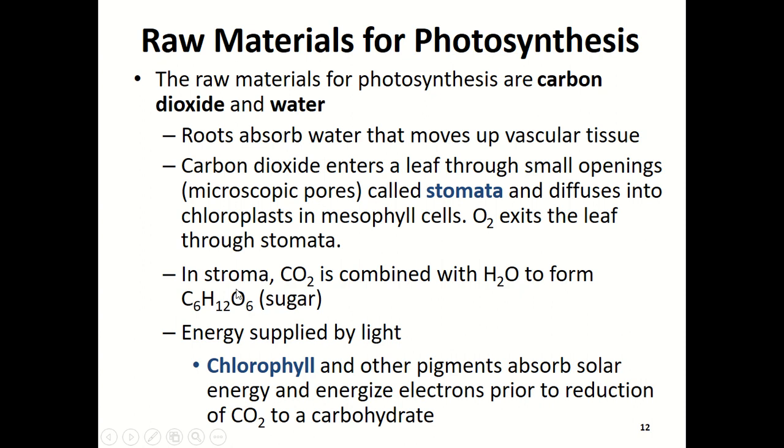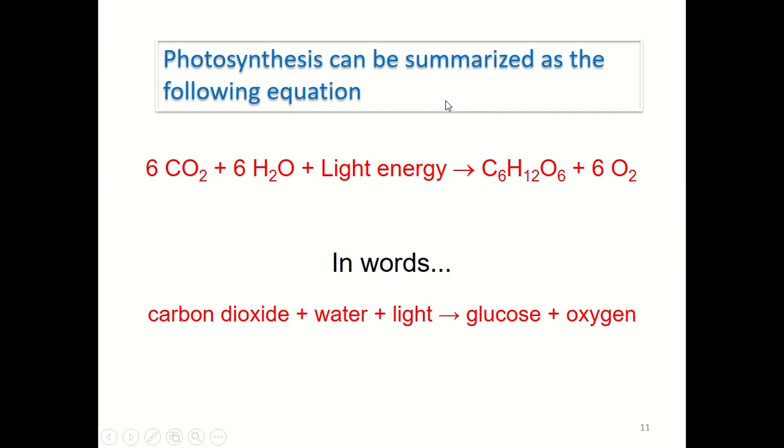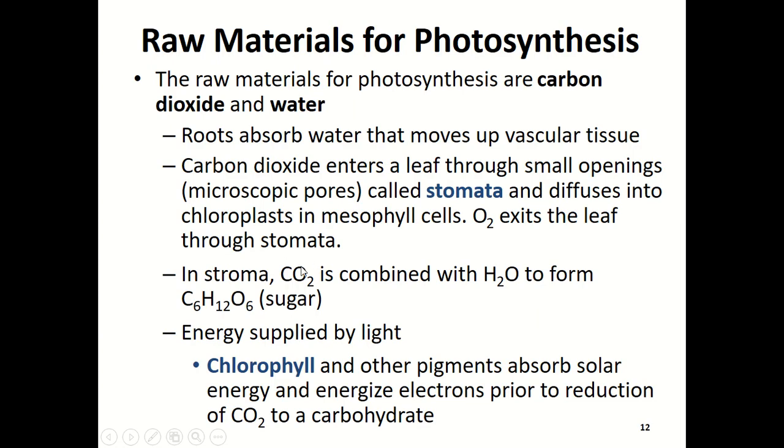This is the exchange of gases. In the stroma, remember, the stroma is the space inside the chloroplast, the carbon dioxide will combine with water to form sugar, the final product of photosynthesis.